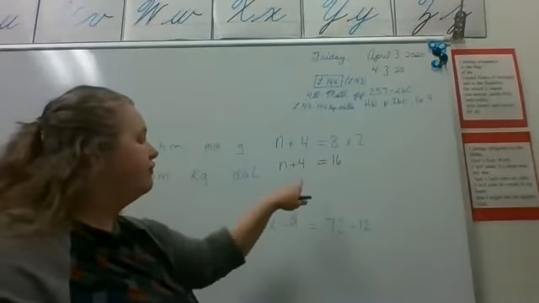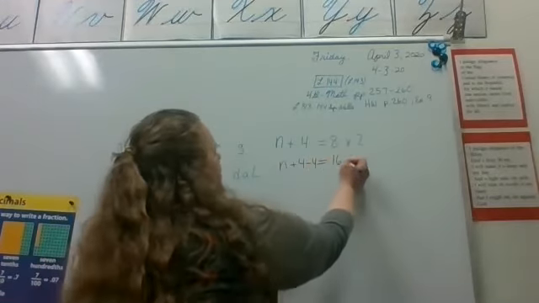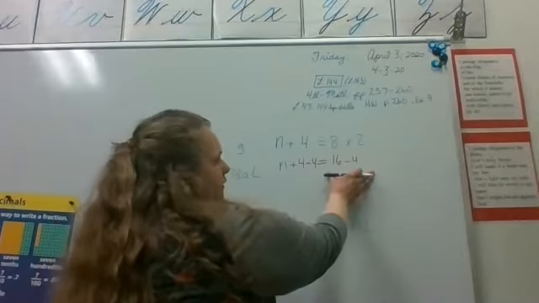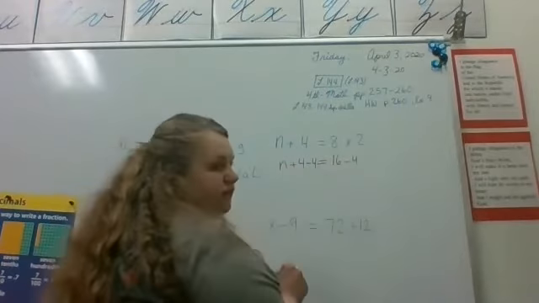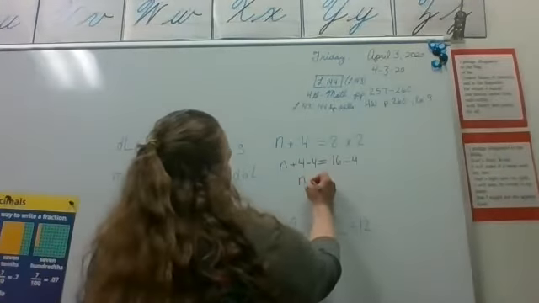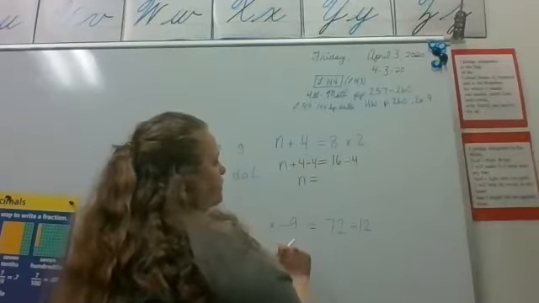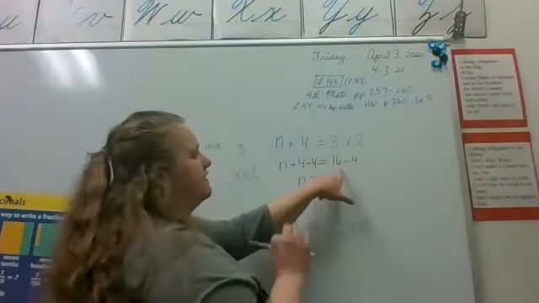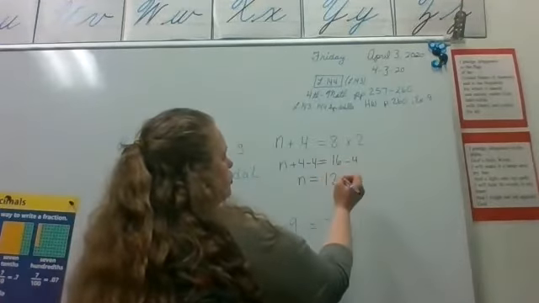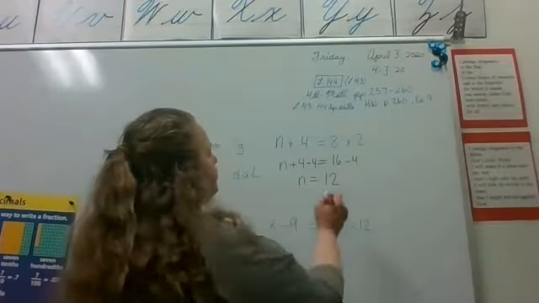So we subtract 4, and what we do to this side, we have to do to this side. 4 minus 4 is 0, so we have n left on this side. n plus 4 minus 4 is 0, so n is by itself. And then 16 minus 4 is 12. So this says that n is equal to 12.